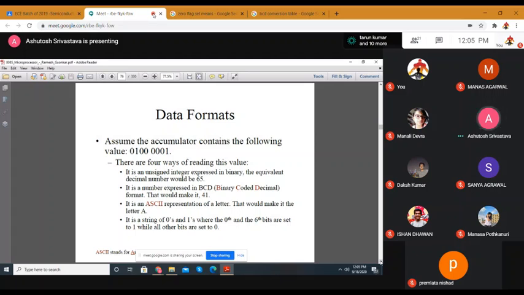Suppose you have a number stored in register B and another number stored in register C. I want you to perform the subtraction and store the value in external memory address 4000. Please note down this problem.